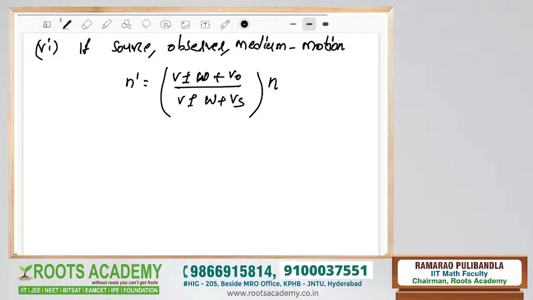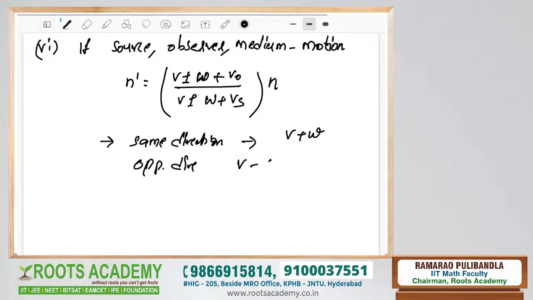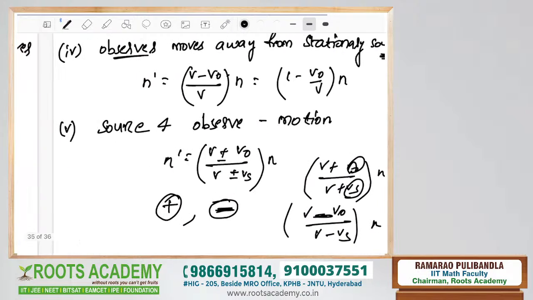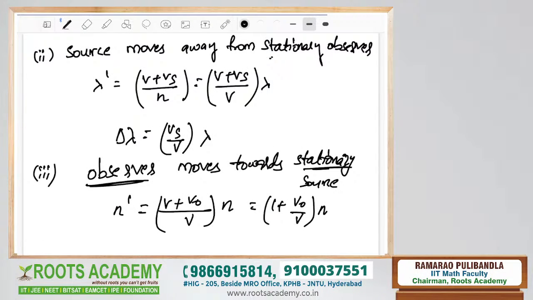Here w is nothing but the wind velocity. So this is the case when the source, observer and medium are in motion. If they are moving in the same direction, if wind blows along the same direction, then we'll be considering v plus w. If they are in opposite direction, then we'll be considering v minus w. So these are the 6 important cases in this Doppler effect.